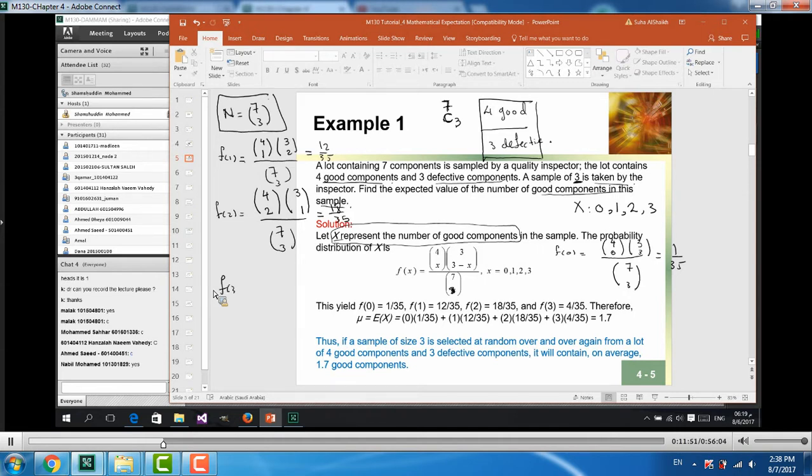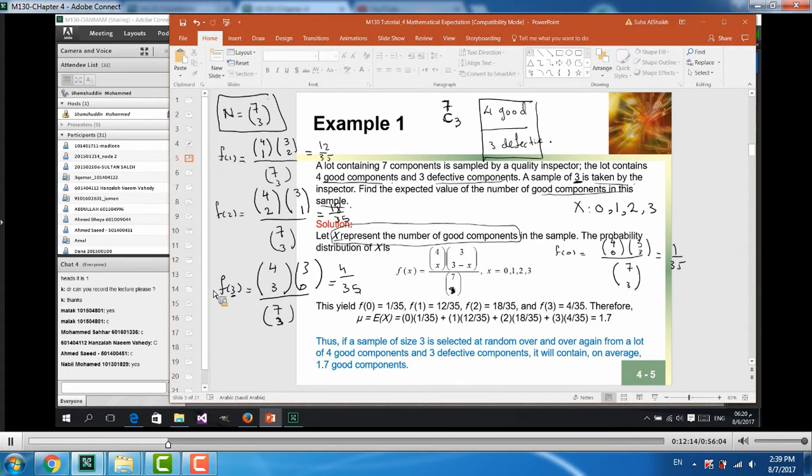F at 3, the final thing, means all of them are good. So 4 choose 3, nothing defective, so 3 choose 0, divided by 7 choose 3. This will give you the answer, which is 4 over 35.